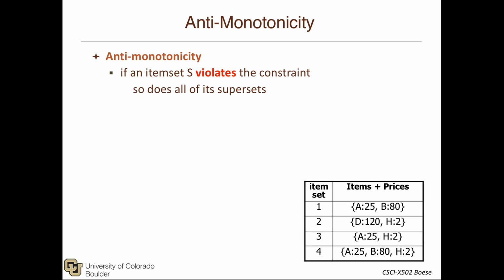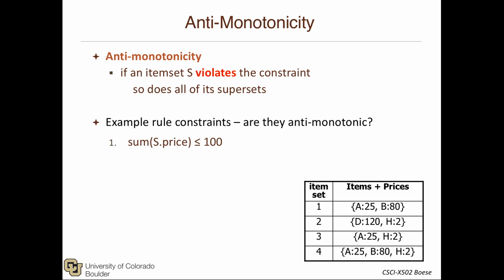So that's the idea behind anti-monotonicity. In Apriori, for example, we can reduce the number of candidate item sets examined based on these types of constraints.